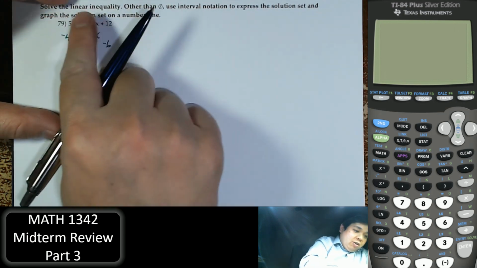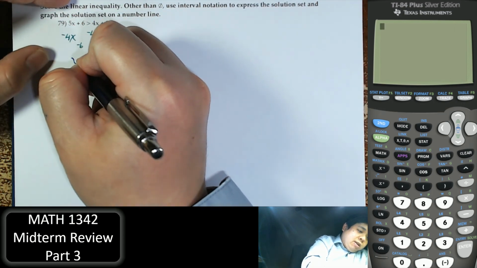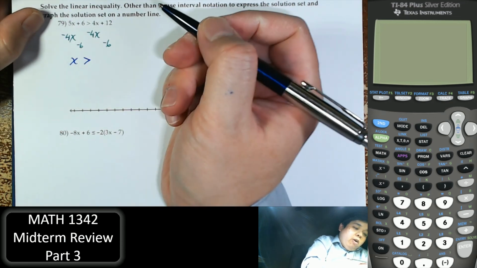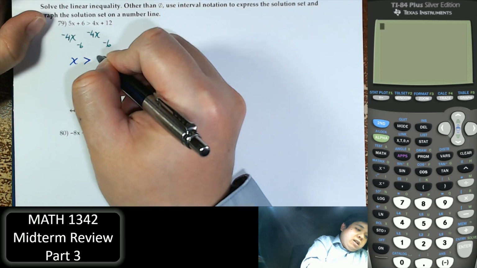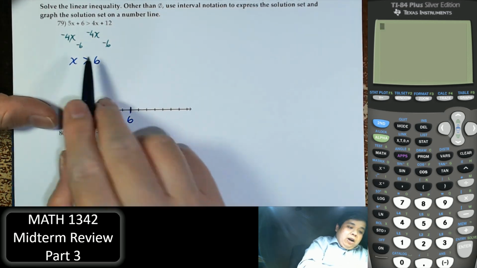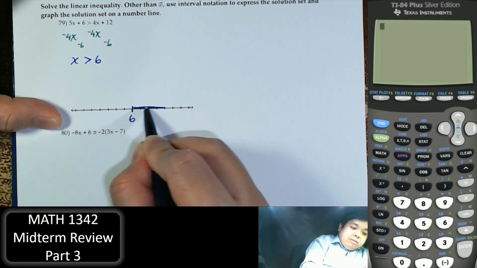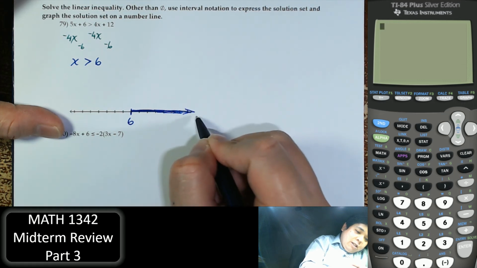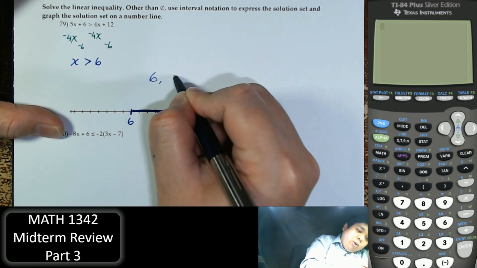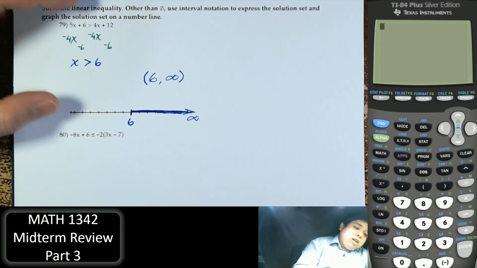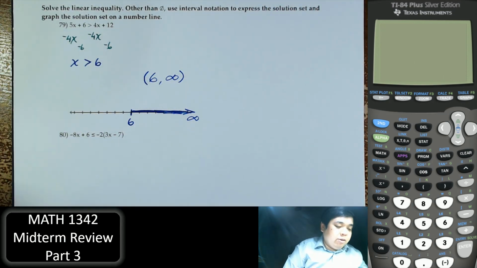So keep x on this side, 5x minus 4x, so just x. 12 minus 6 is 6. So we have, let's say 6 is here. Greater than 6 will be on the right side of 6. So we go from 6 to infinity. This one has no equal sign, so we use the parentheses. So that is the interval notation.